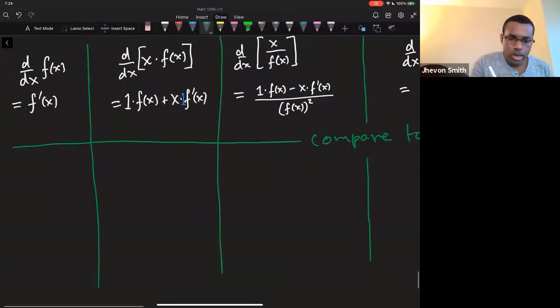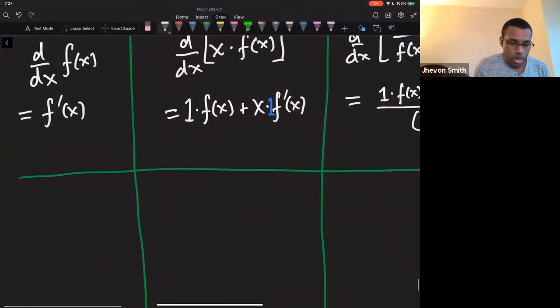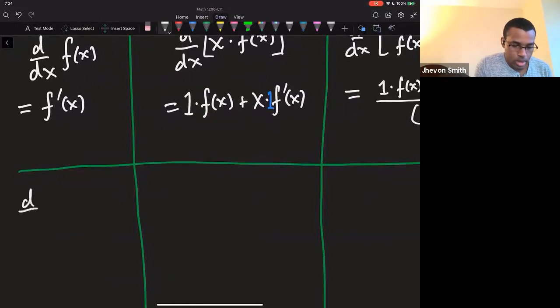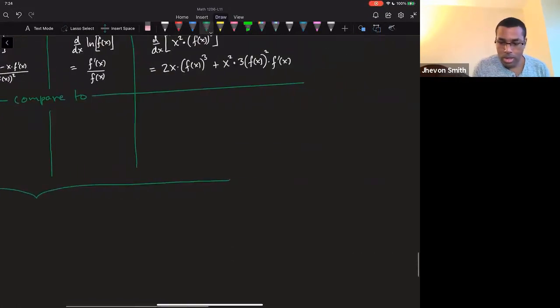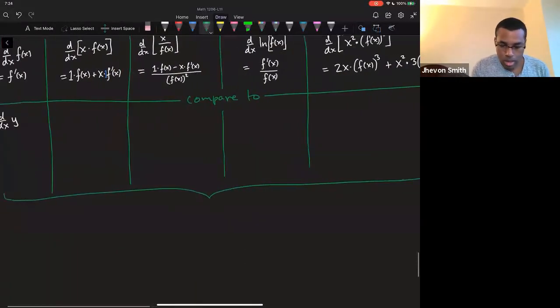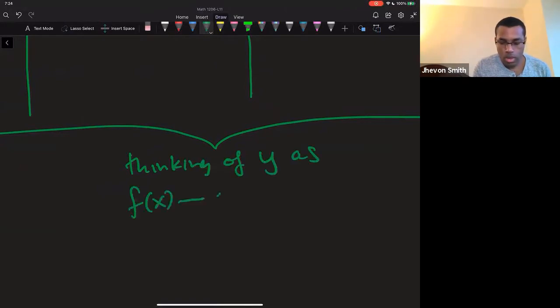So here, instead of d dx of f, I'm going to write this as d dx of y, right? So I'm thinking of y as f of x, right? So here, we're thinking of y, it's some inside function.